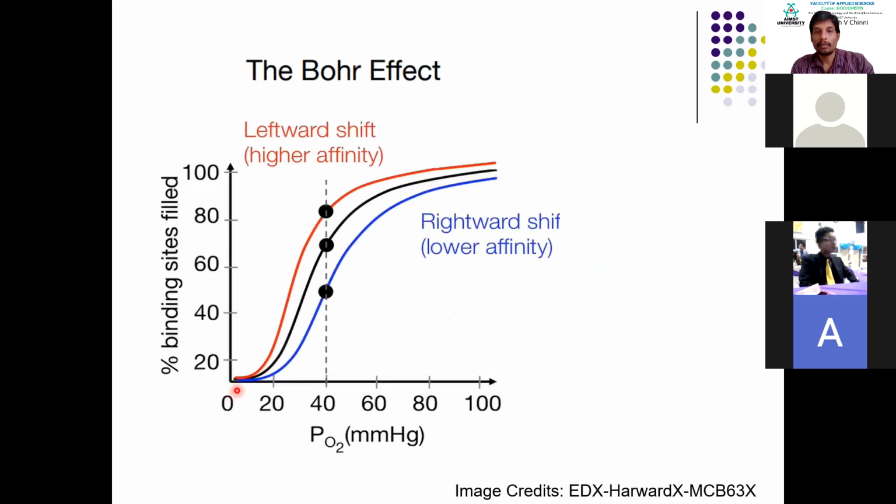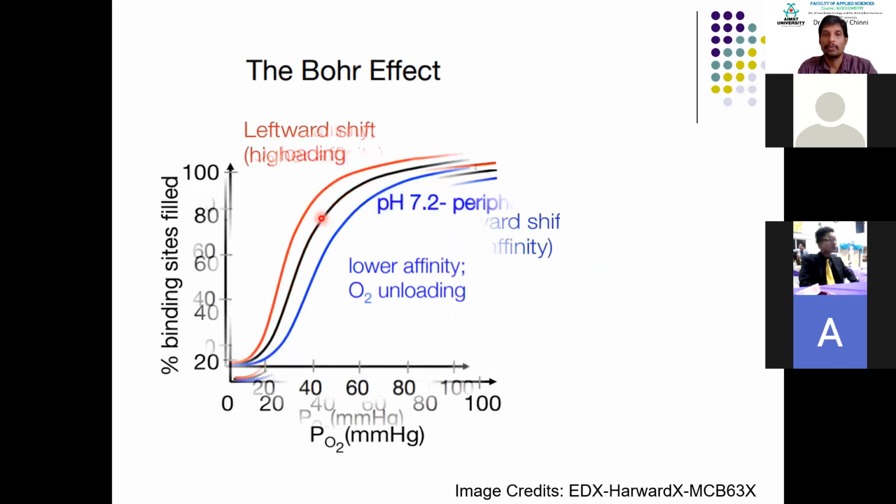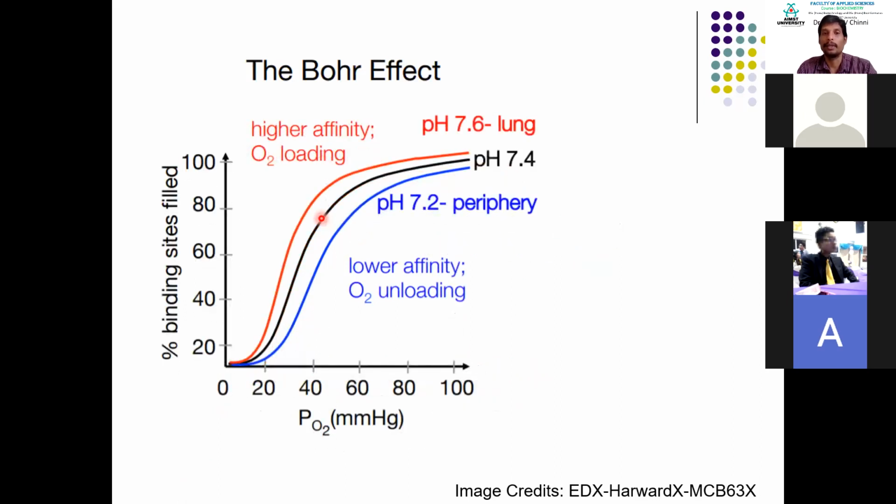So the graph which I have shown before, the black curve is normal, that means oxygen at around 40. What happens when it shifts left and right in affinity? This is what happens when pH is slightly low. Normally 7.4 is the physiological pH.